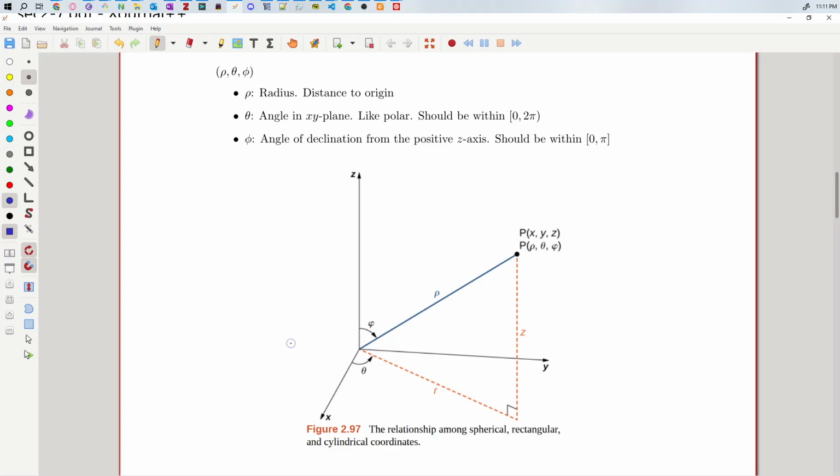Because in this picture we have x and y, our two-dimensional coordinate system. The x-axis is pointing towards us instead of to the right, but that's like we've rotated our space a little bit just to make things look this way. And along the y-axis, theta would be pi over 2.